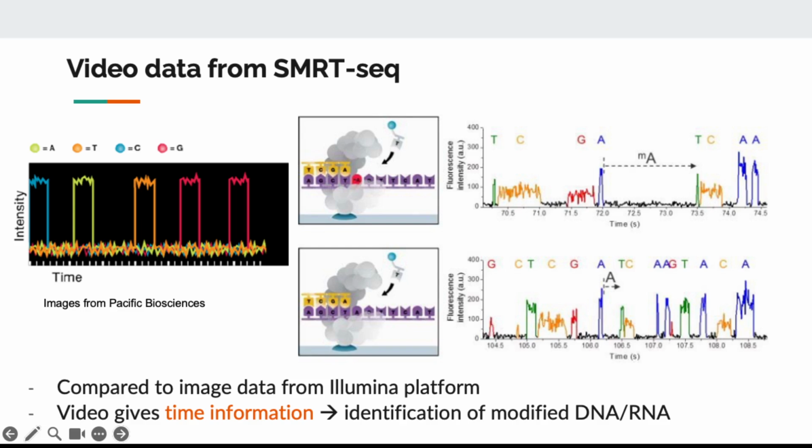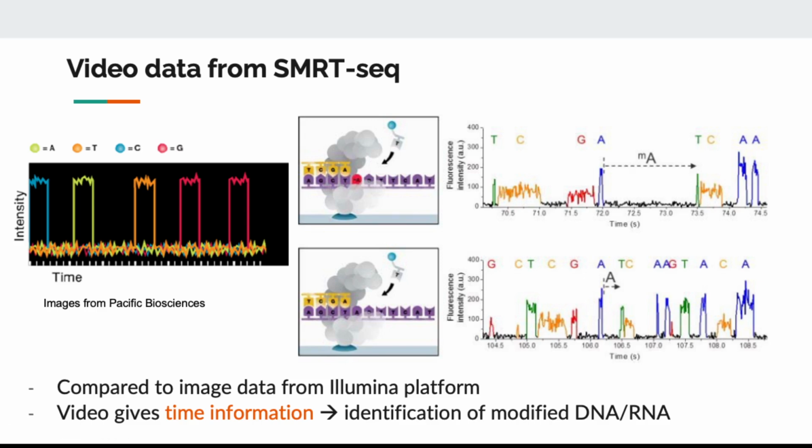So with SMRT-seq, they can look at the interval that the polymerase, the enzyme, takes between each incorporation to tell whether the next nucleotide is modified or unmodified. So you can study not only the nucleotide sequence, but you can also detect the nucleotide modification at the same time from this technology.